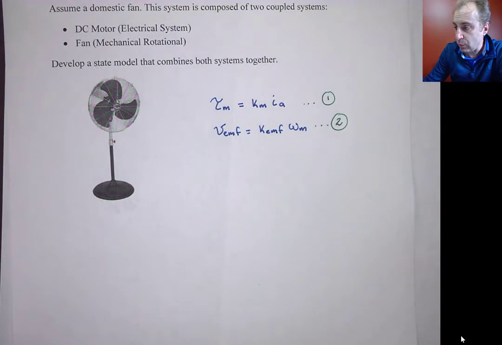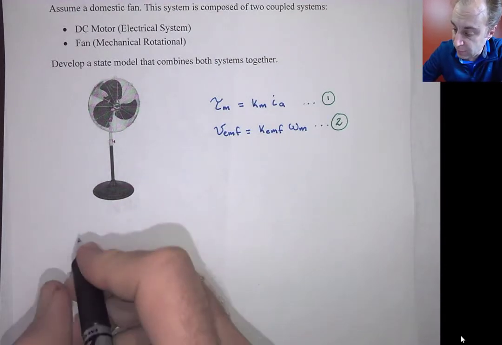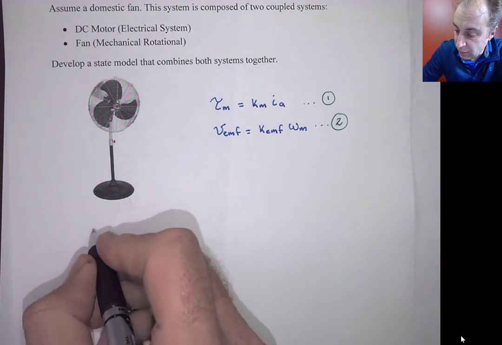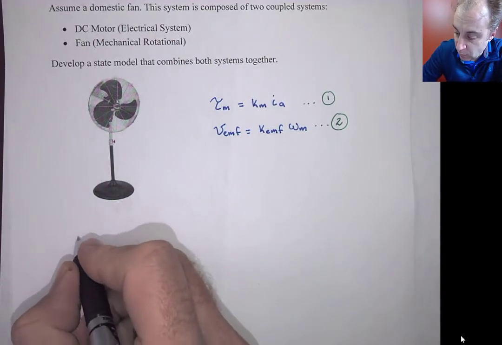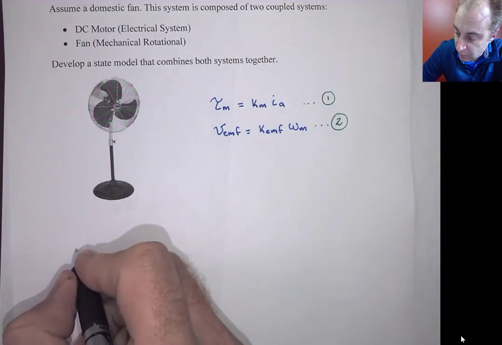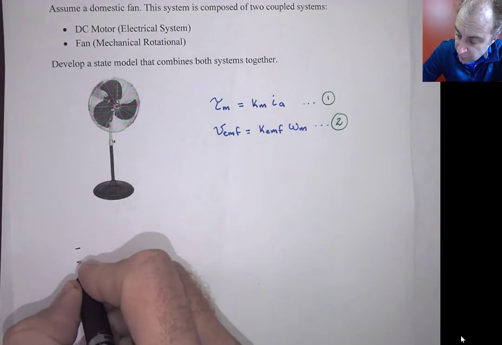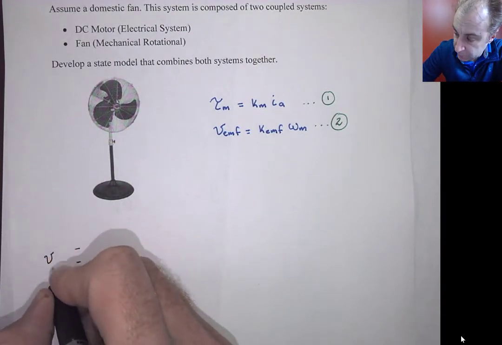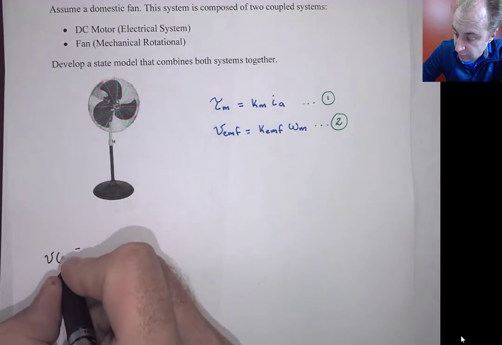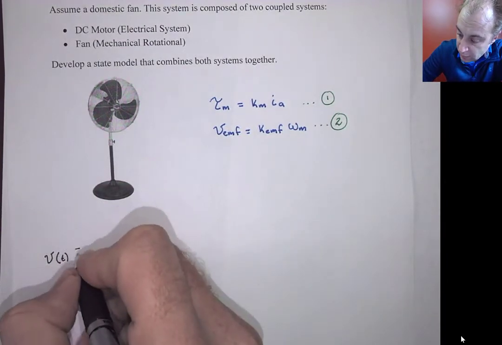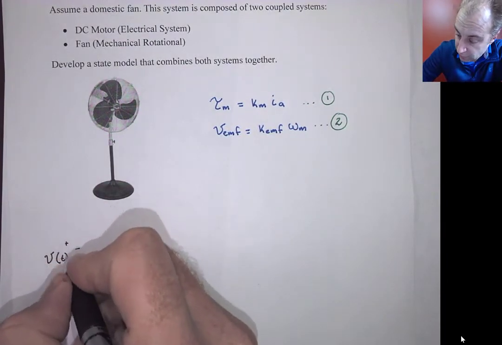Okay, so now we're going to create our circuit for the DC motor, and we're going to have our input voltage that we're going to call just V of t, and this is going to be positive, negative.